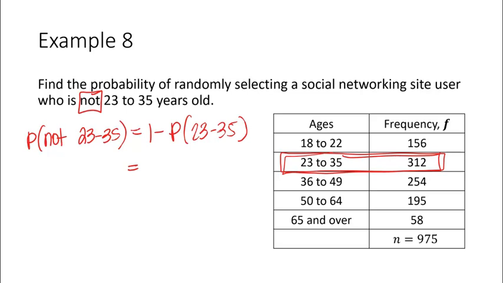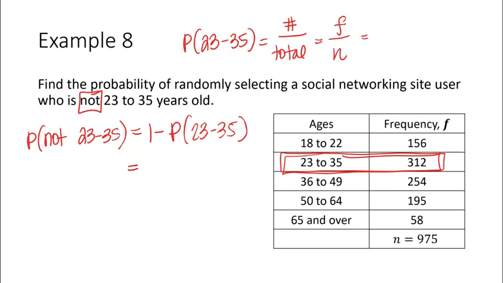If I'm looking for the probability of being 23 to 35, that's just the number in that category out of the total, aka my frequency over n. Those frequency distributions are not going away. So that age group saw 312 people out of the 975. So 1 minus my 312 out of 975 equals.